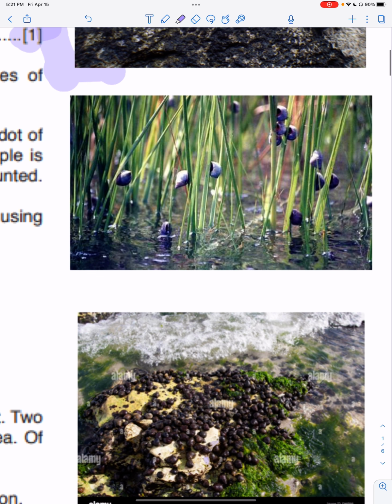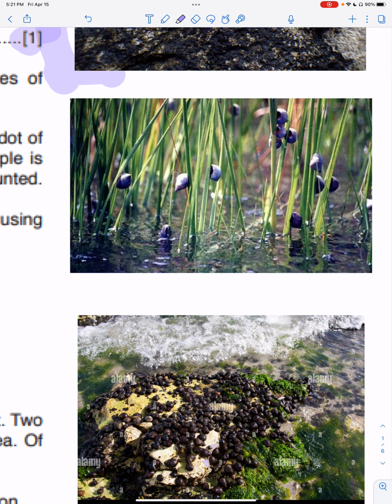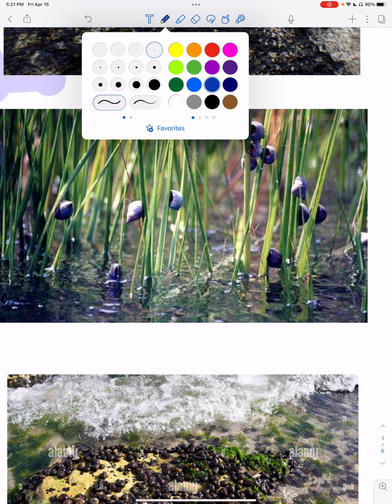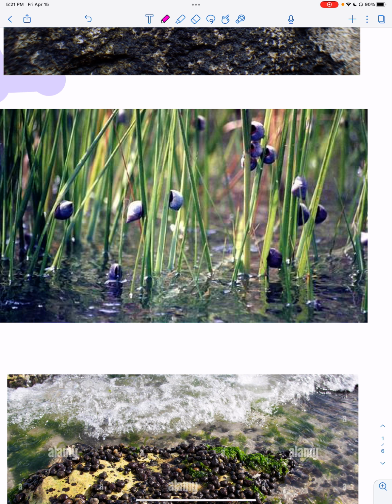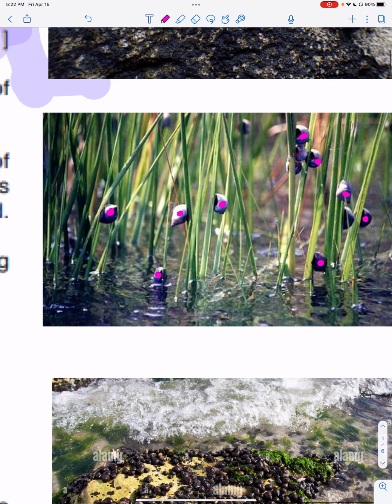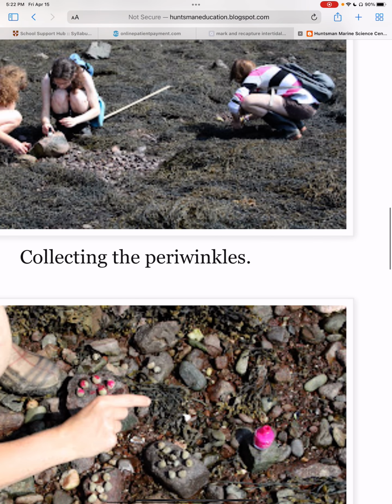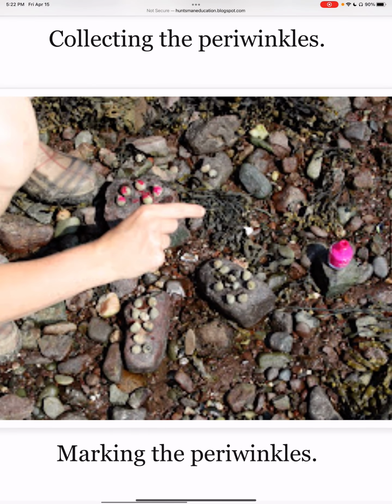Though this question isn't referring to a marsh, this picture is very reminiscent of what I did when I was in a marine ecology class, and we took very vibrant nail polish, and the ones that we assessed, we put a mark on them, and then after some time, I think it was our next time we met for labs, so we had Tuesday, Thursday labs, we went back and then we grabbed another population, and we assessed how many had a mark, and then we applied it to the formula. You can see it done right here, and they are also using nail polish.